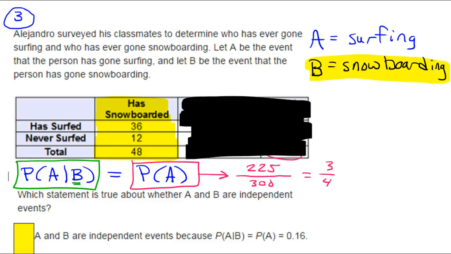So probability is still target over total. A is still people that have surfed. So the people that have surfed, that's 36 out of a total of 48 people in this smaller universe. So 36 out of 48.